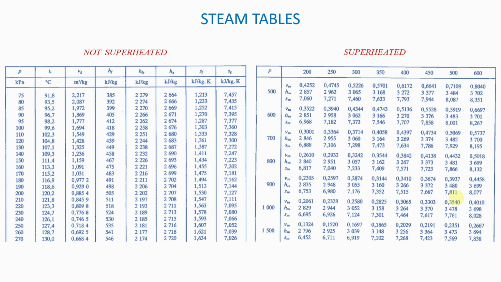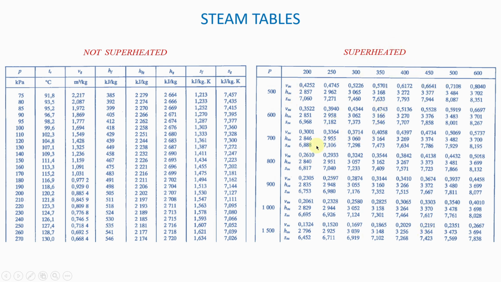And that is just down to you being able to understand whether the steam you're dealing with is superheated or not. If the steam you're dealing with is not superheated, you will look at these tables that look like this. But if the steam is superheated, then you will have to consult these tables.